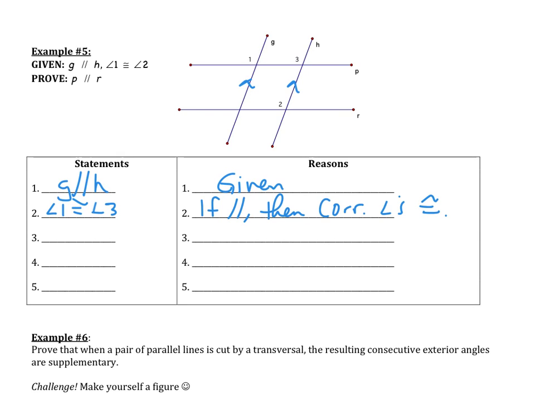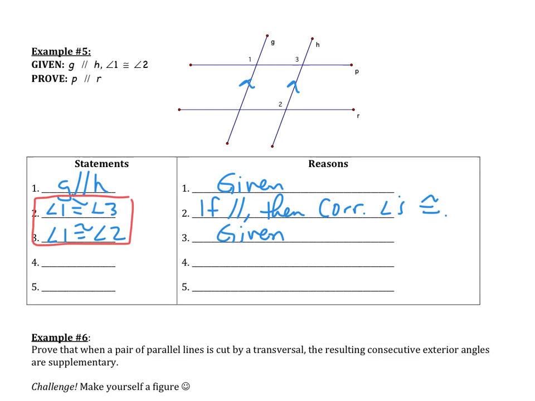Now, I use the concept of the parallel lines to show that 1 and 3 are congruent. Now I'm kind of done with that concept, so I have to start all over again. So what should the third line be? Angle 1 is congruent to angle 2, and your reason is given. Now I've got line 2 and line 3 put together.